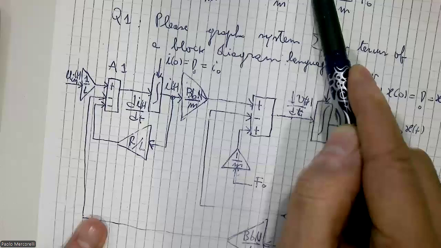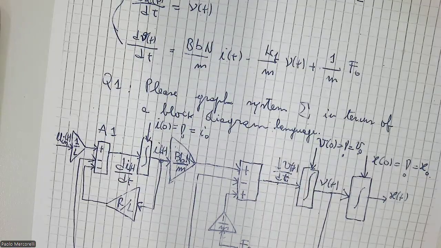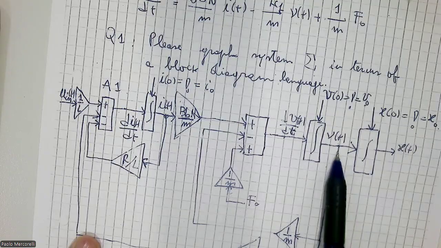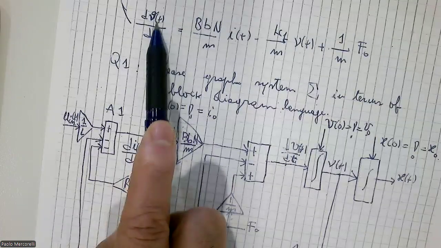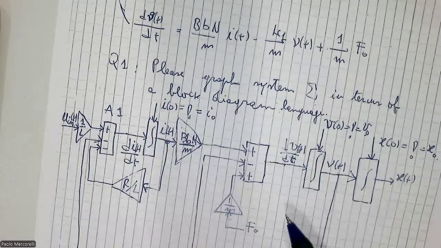What about this? Minus, we can see here the velocity v, which is the same velocity which is here. It's the same, because the equation is the same, because it's called with the same name.